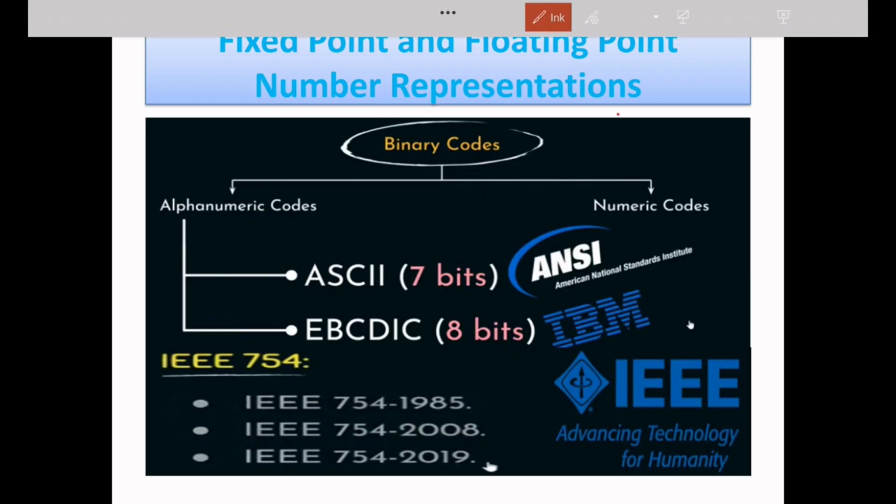Now we will discuss about the representation. There are some standard organizations. The first standard organization is ANSI, American National Standard Institution. They have given you the ASCII code 7 bits, and similarly IBM, they have given you one standard, 8 bit 4.